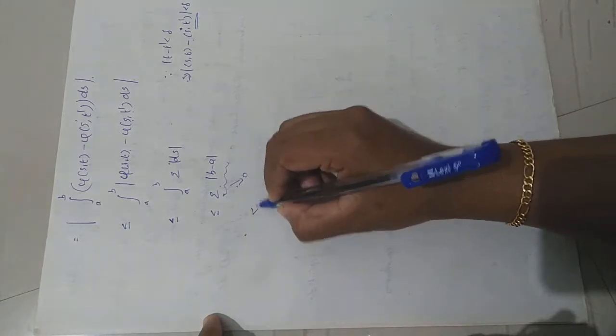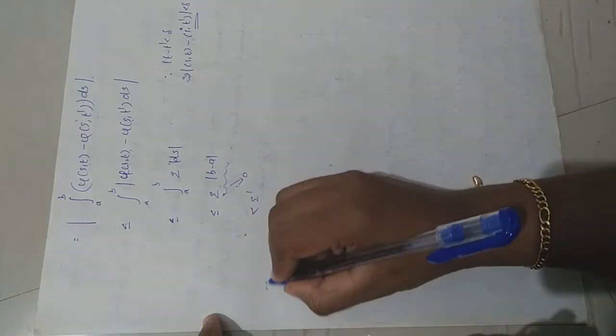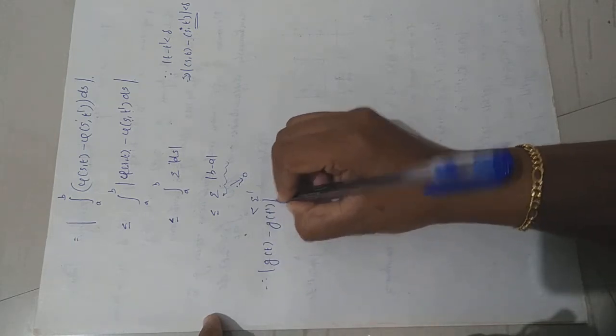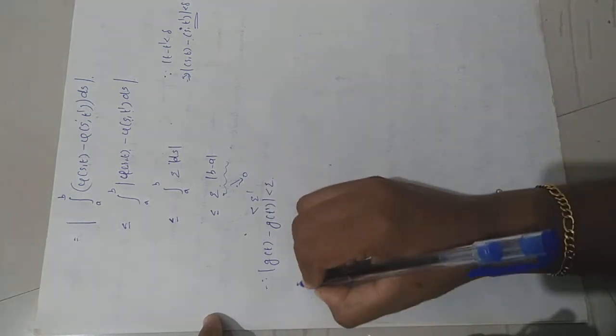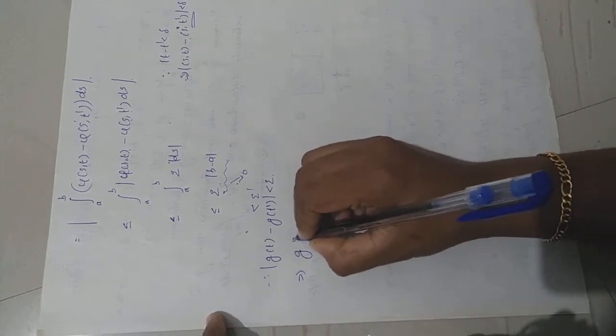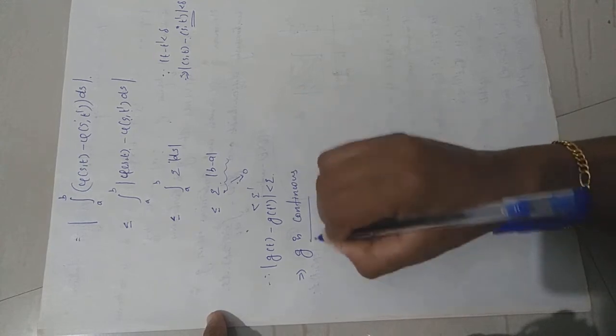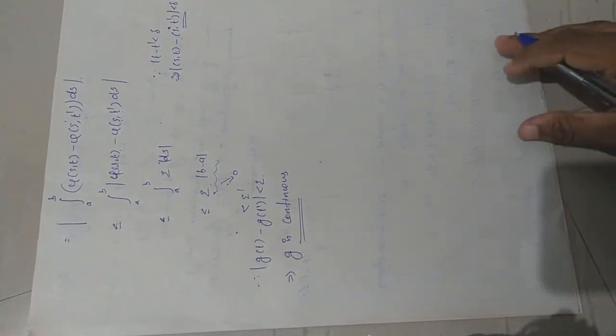So this can be taken as an epsilon prime. Therefore, modulus of G(t) minus G(t') will be less than epsilon, which implies the function G is continuous. G is continuous. Okay.